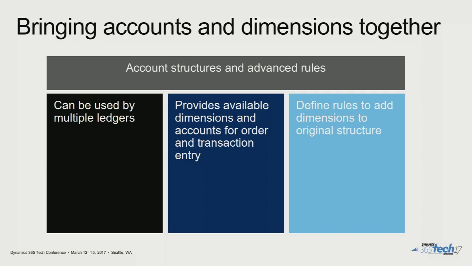So as the requirements read, business unit was required on all accounts, and revenue and expenses require business unit and department, and then just expenses, vendor and cost center. So those are the different account structures and rules we're going to define, and we're going to do this through creating two different account structures.